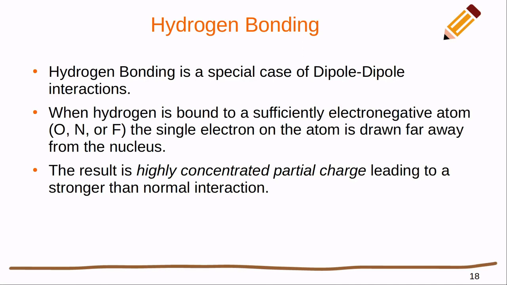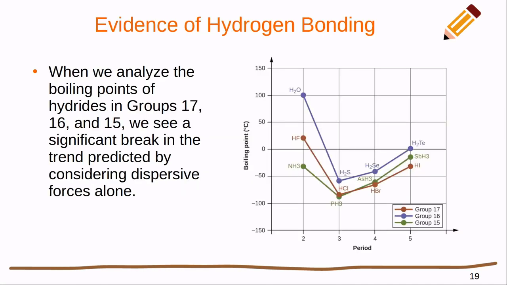And what this results in is a highly concentrated partial charge, leading to a stronger than normal interaction. So while this is a strong interaction that can have a pretty large effect on the bulk properties, it is poorly named. Hydrogen bonding is not an actual chemical bond, but a different type of intermolecular interaction.